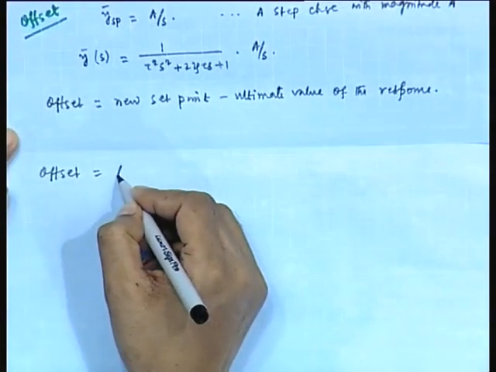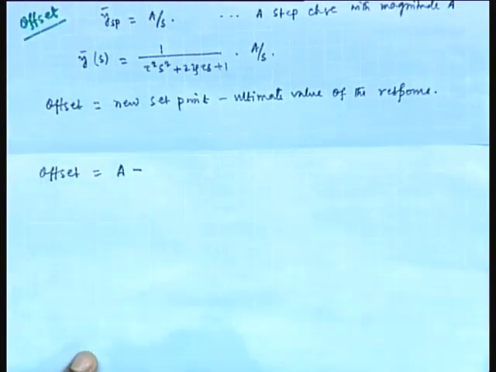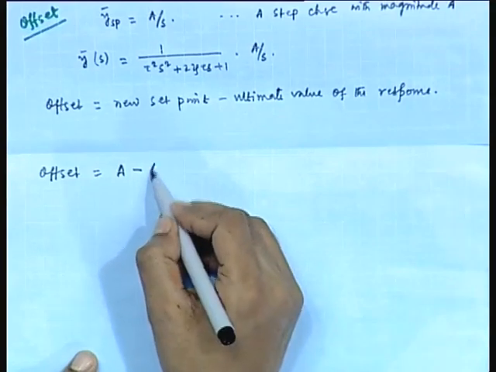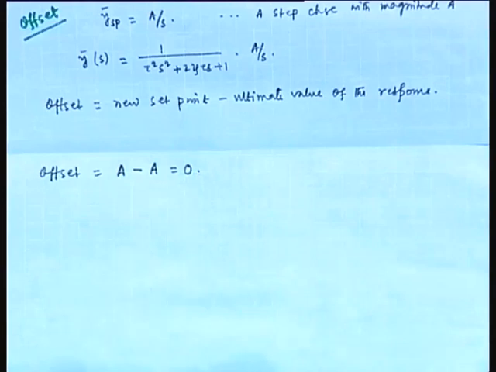So, the new set point is A and the ultimate value of the response is how much? A. So, the offset becomes 0. So, we can say that the integral control action can eliminate the offset.